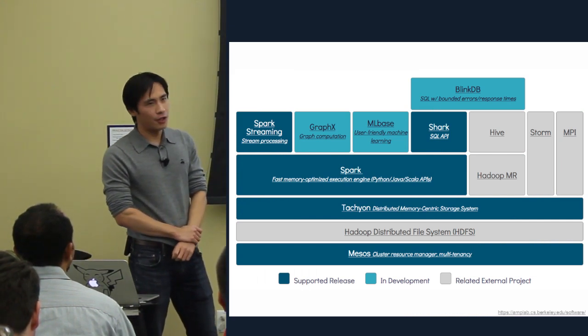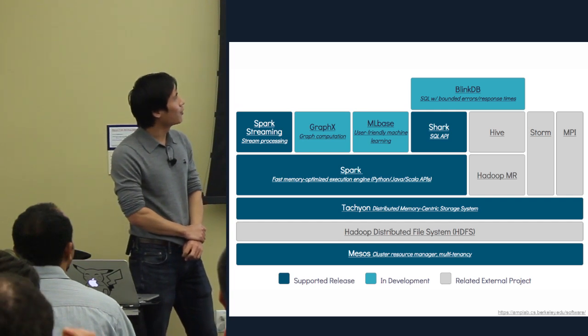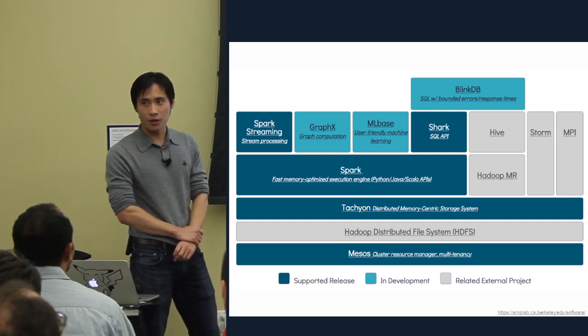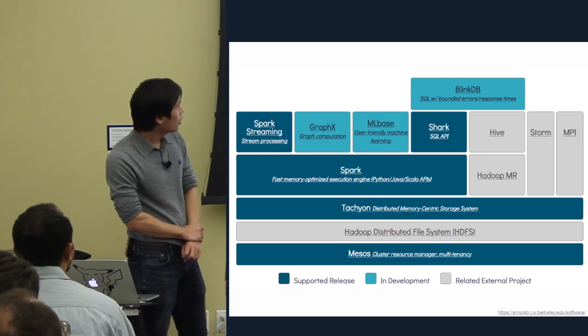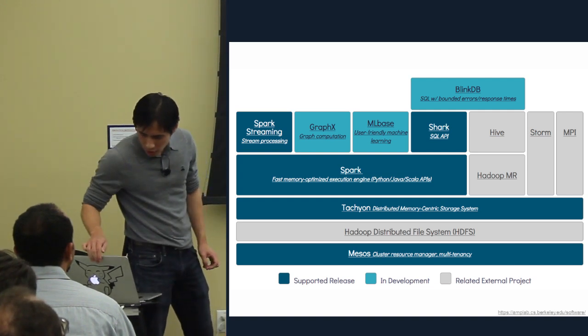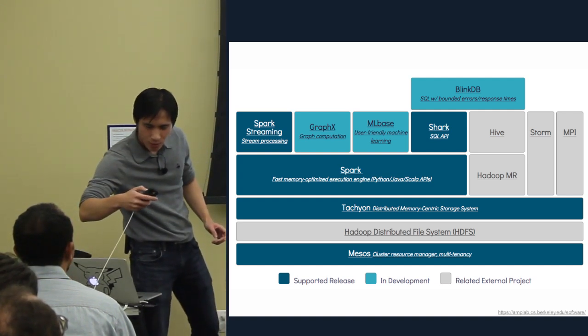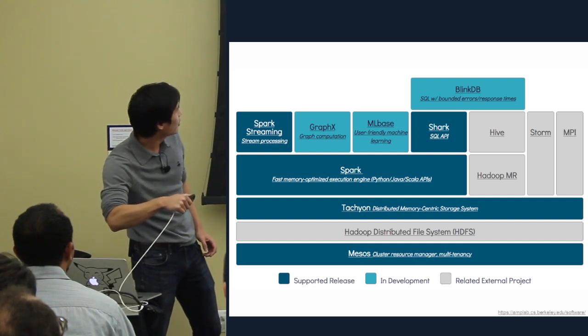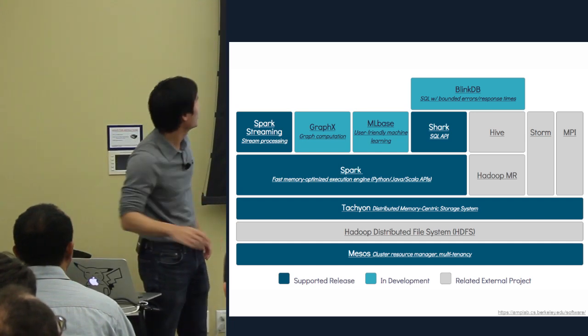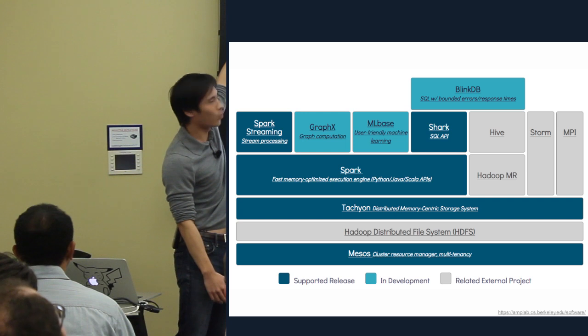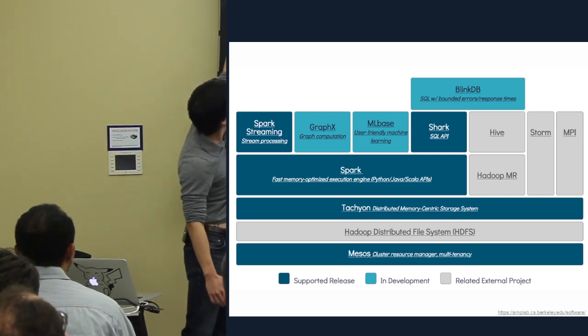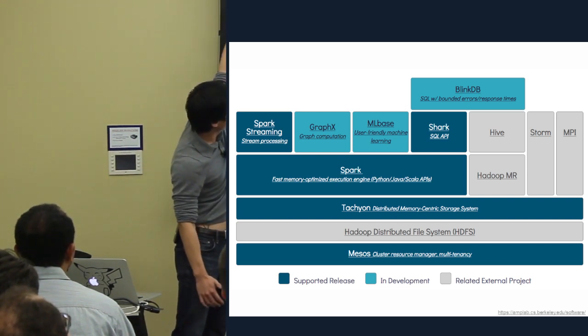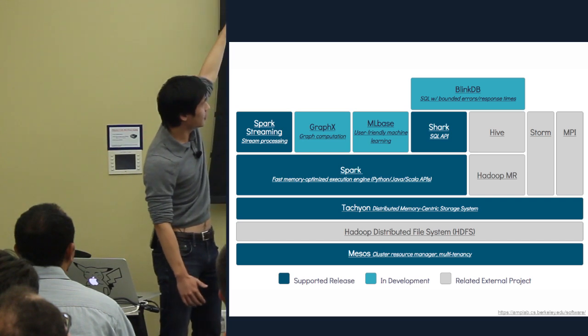And so this is another view of Spark and how it fits into the existing ecosystem. So we have Spark, the core engine here, and then we have all of the various systems that I showed on the previous slides.